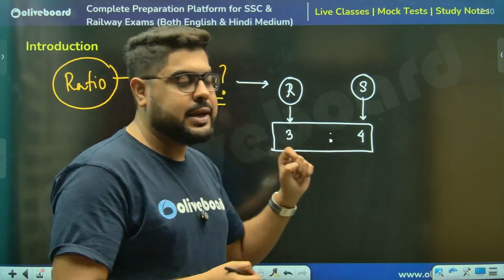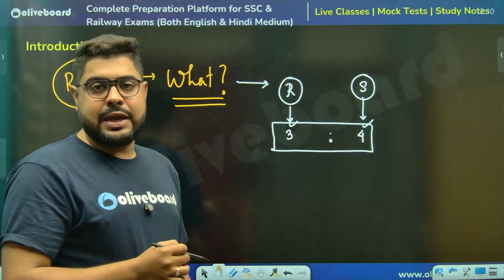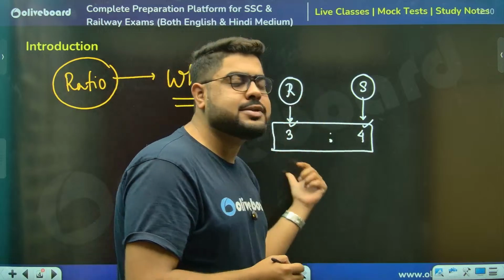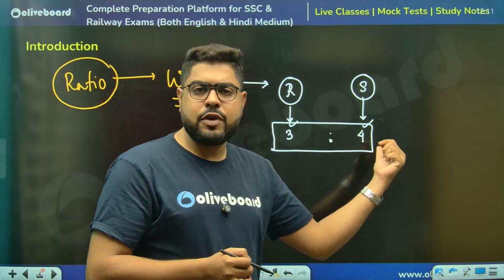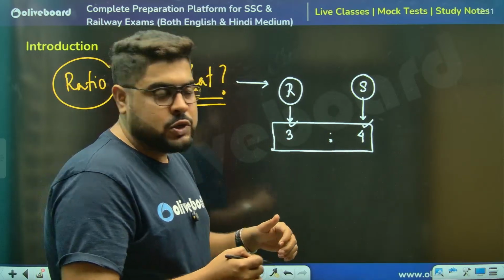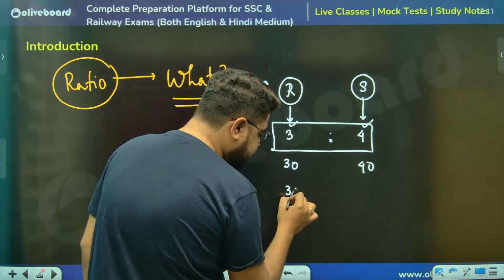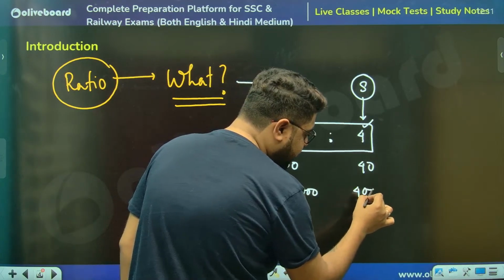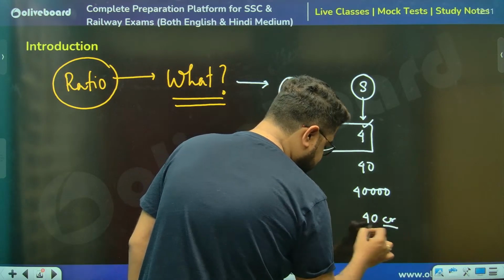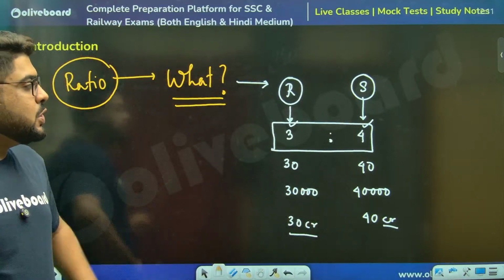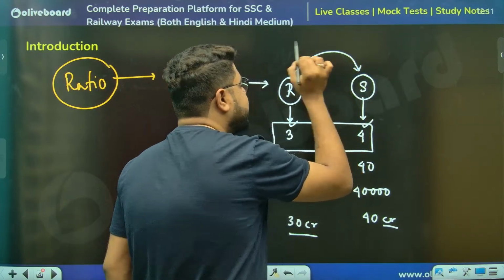It does not mean that Rohit earns 3 rupees and Sagar earns 4 rupees. It means if Rohit earns 3 rupees, then Sagar earns 4 rupees, or vice versa. So if Rohit earns 30 rupees, Sagar will earn 40 rupees. If Rohit earns 30,000 rupees, Sagar will earn 40,000 rupees. If Rohit earns 30 crore rupees, Sagar will earn 40 crore rupees. So it is always a comparison between two similar quantities.